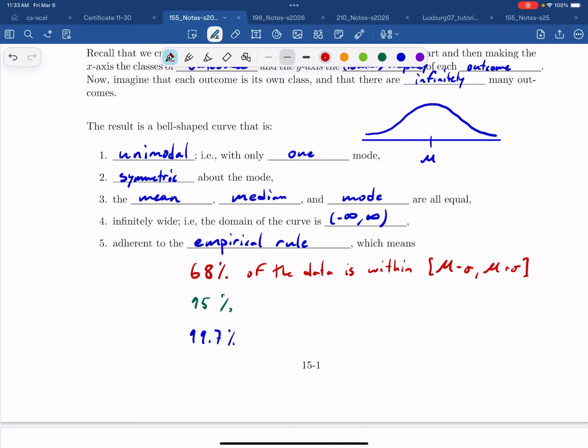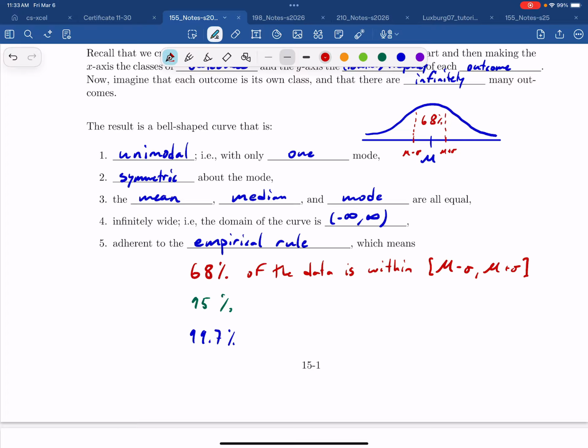This is mu minus sigma, this is mu plus sigma, and so this right here is 68% of the data.